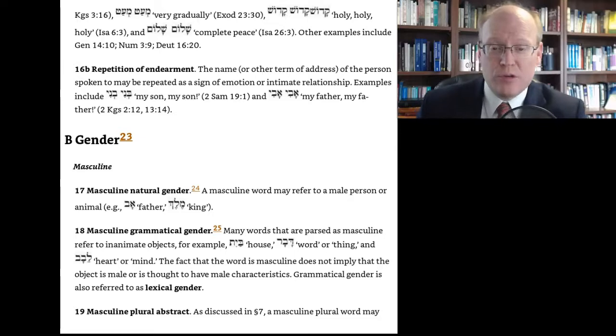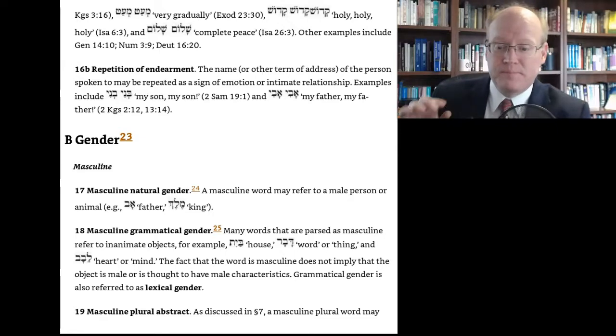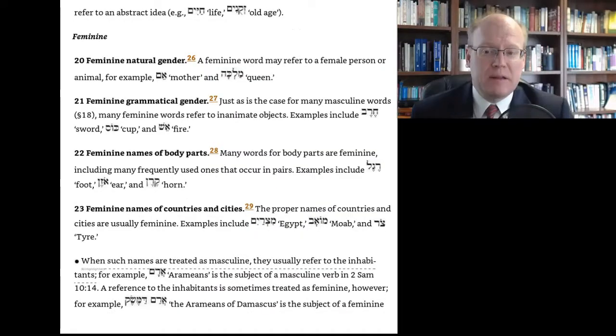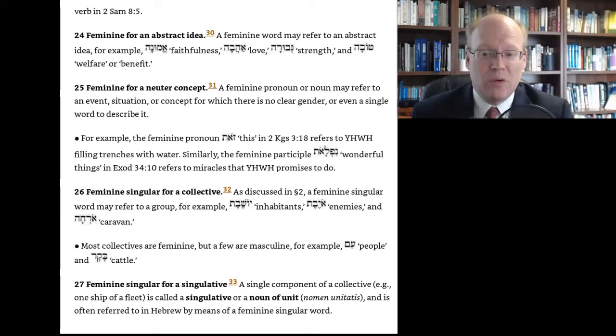It's not a use of the masculine gender. With regard to feminine, for the most part, these categories are listing the kinds of words that we observe that have morphologically feminine gender, whether it's body parts or countries and cities, or abstract ideas, neuter concepts, collectives, and singulatives.